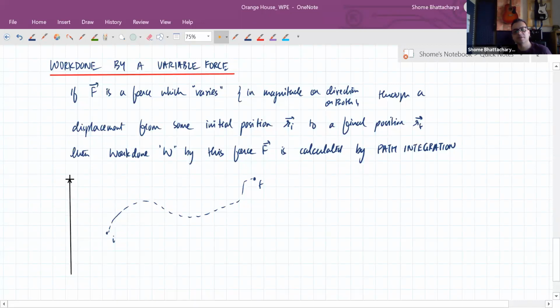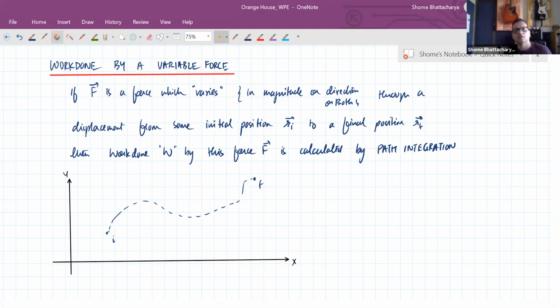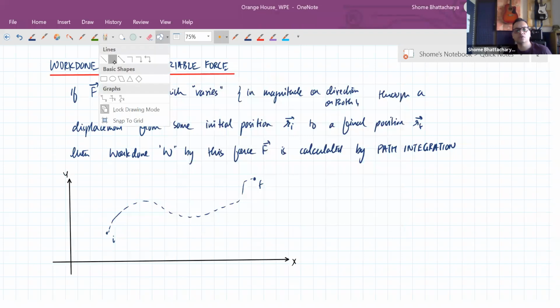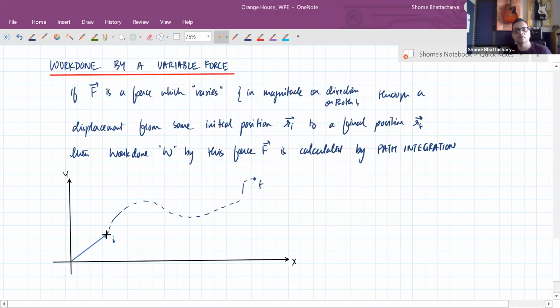We have learned this in kinematics. With respect to your coordinate frame, the position of any point, we write it as a vector joining the origin of the coordinate system with that point. So this is my initial position and this is my final position.